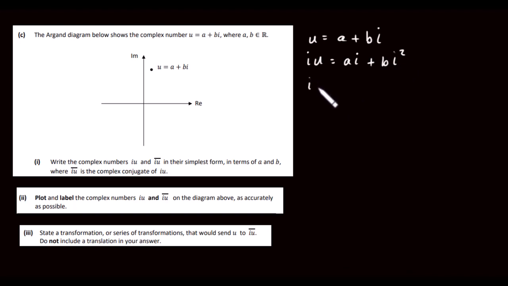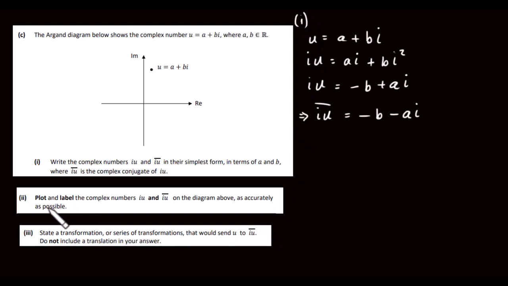So our iu is going to be, this here is minus 1, so that's minus b plus ai. Okay, so that's the first answer there, and then it says we need the complex conjugate of iu, so that means then that iu conjugate is going to be minus b minus ai. Okay, so that's really part 1 done.